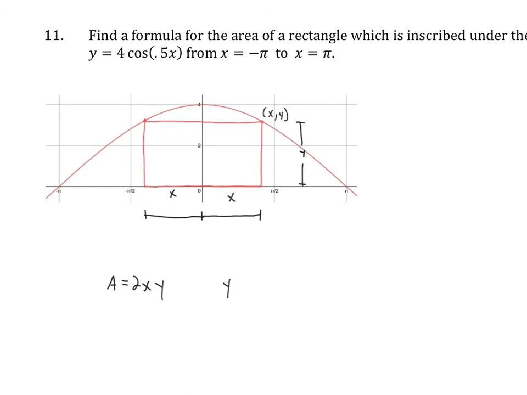But then this point, one of the corners, really has to be on this curve. So the constraint is forcing that y coordinate to satisfy this function that was given, and that is our extra equation.